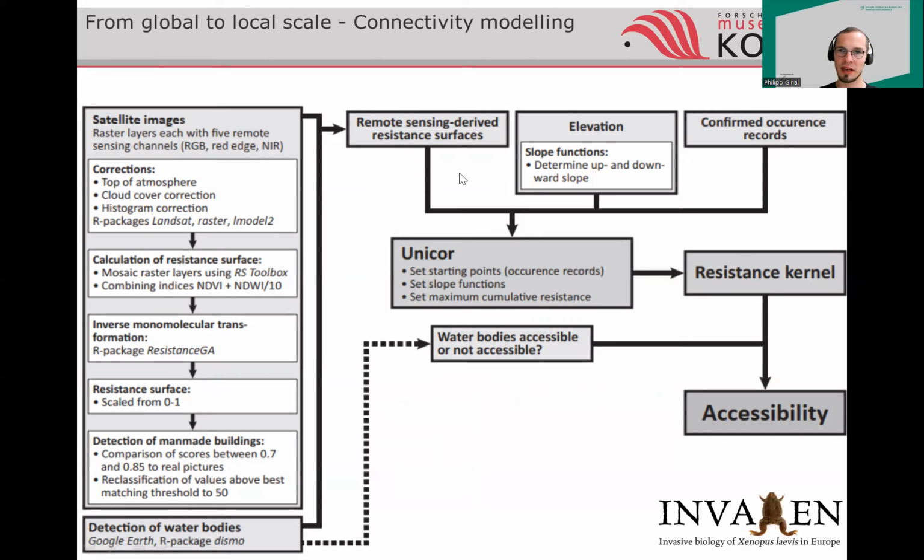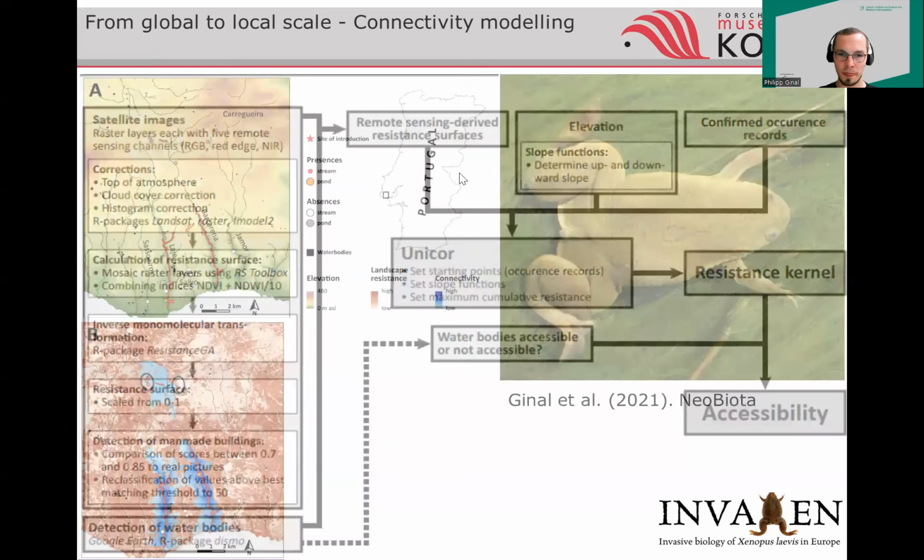Together with the elevation layer and the confirmed occurrences, we used the remote sensing derived resistance surface to calculate our resistance kernels. And we used these kernels to check the accessibility of the water bodies.